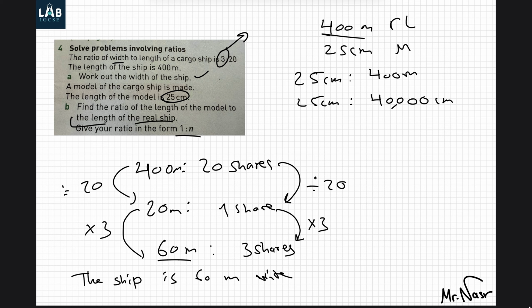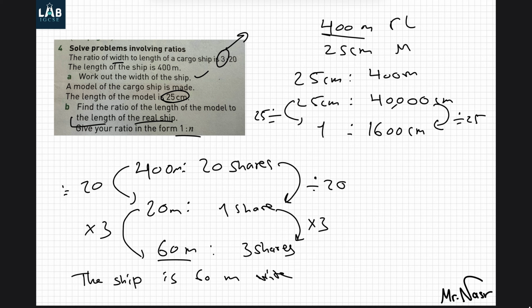So I'm going to have to divide this by 25 to make it 1, right? Because it's 1 to something, you divide the 40,000 by 25. Here you go, it's going to be 1,600 centimeters. So what does this tell me?